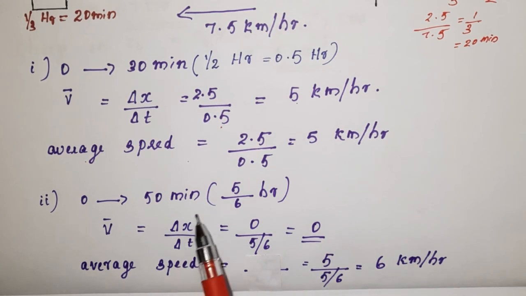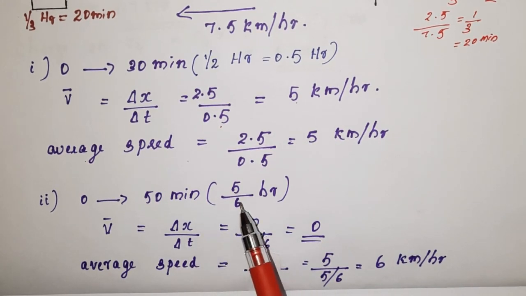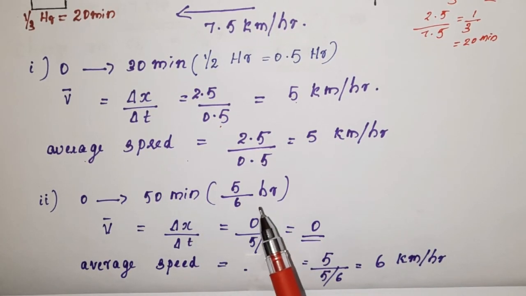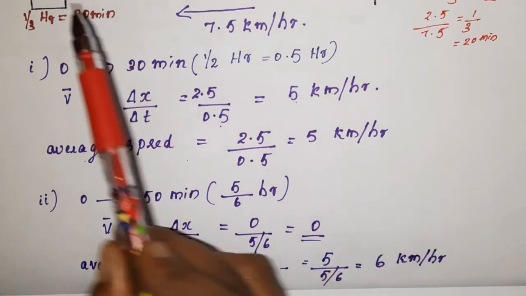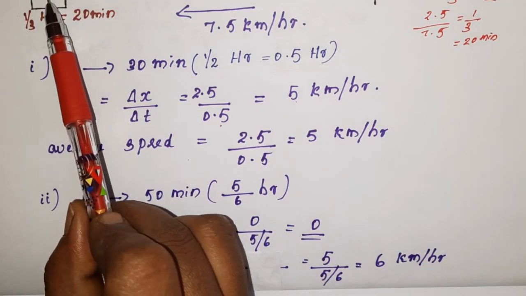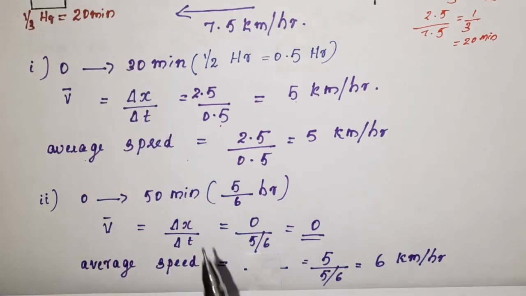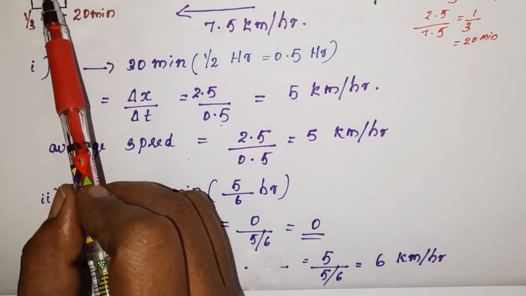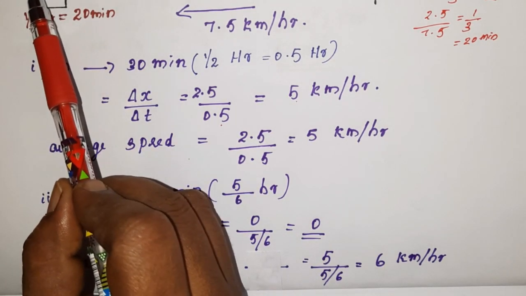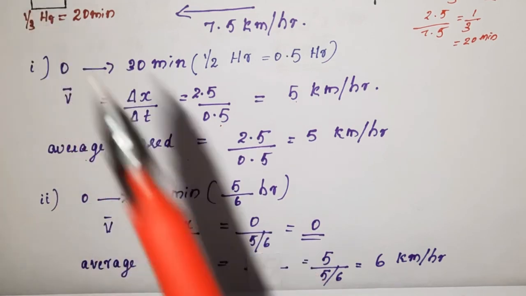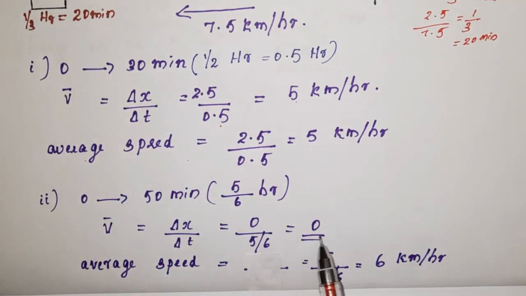Now 0 to 50 minutes is the same as 5 by 6 hour. So at the end of 50 minutes he has reached back home. In that case, what about the displacement? Initial position and final position coincide and the displacement will be equal to 0, and the average velocity will be equal to 0.